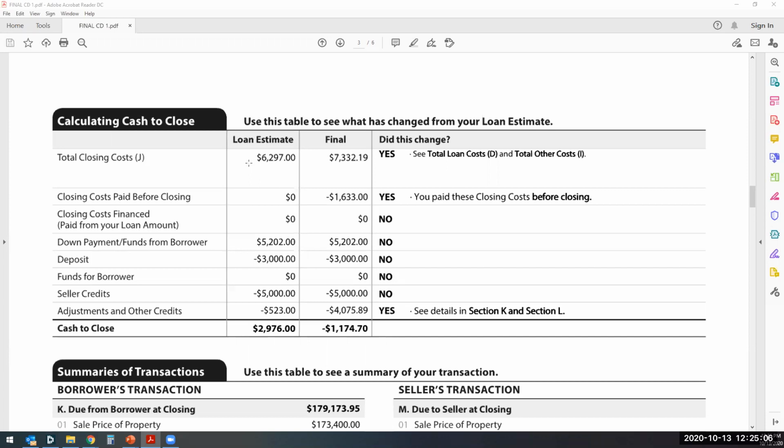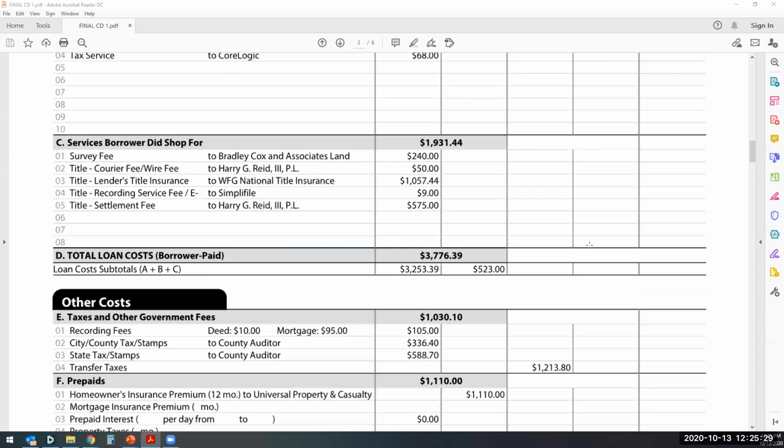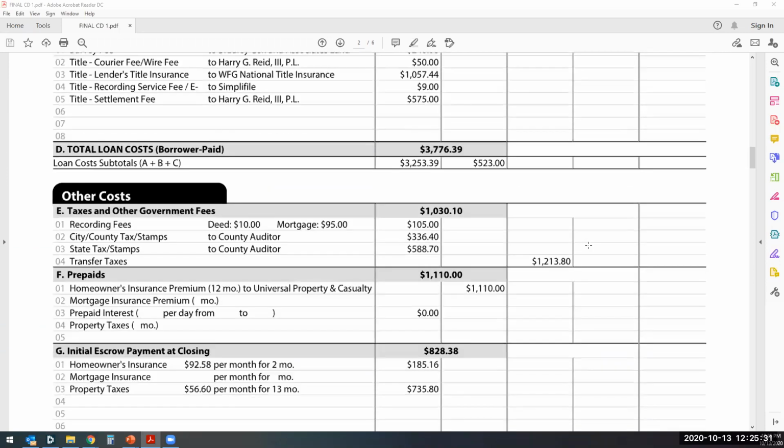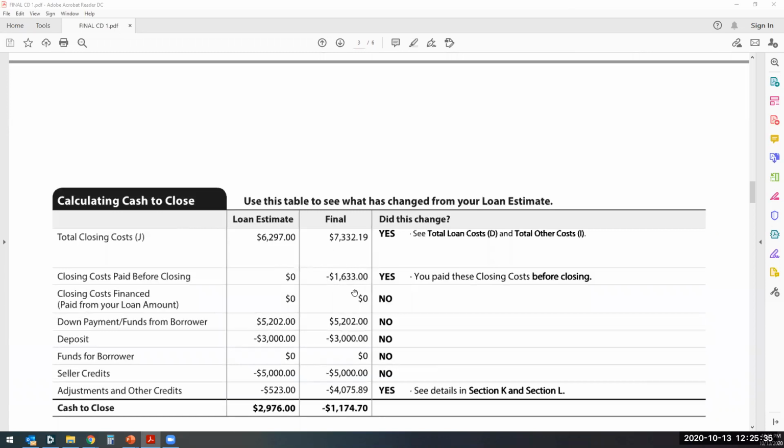The total closing costs are $7,332. We're going to deduct your closing costs paid before closing. I'm going to go up here and look: it's the credit report fee and the insurance, so that's the $1,633 right here.